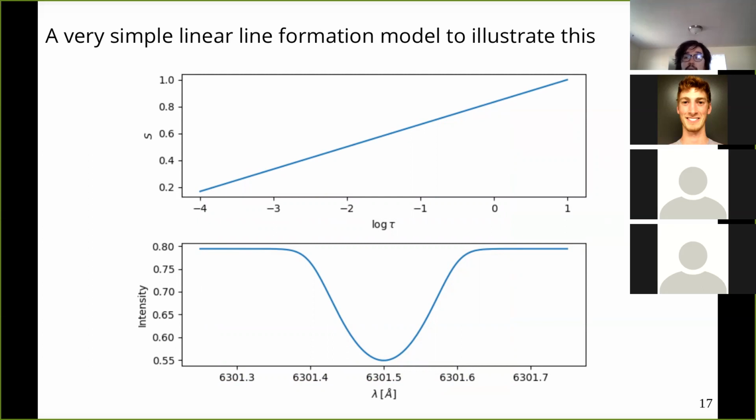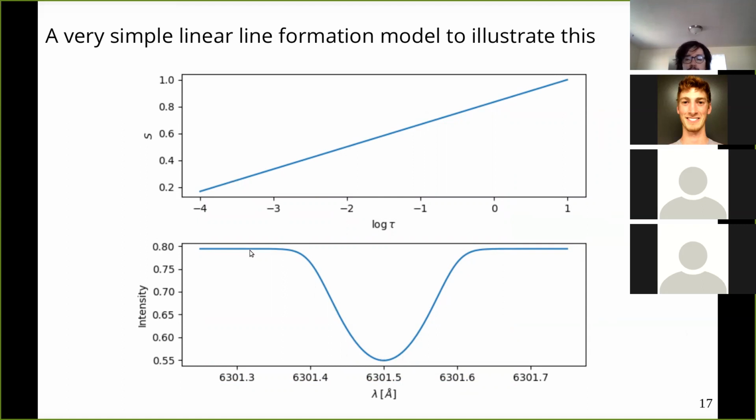On the upper panel is the source function that is decreasing from the deeper layers, which are on the right, toward the higher layers, which are on the left. You know by now that this stratification of the source function, which is decreasing, results in some shape of the spectral line, and this here is the shape.